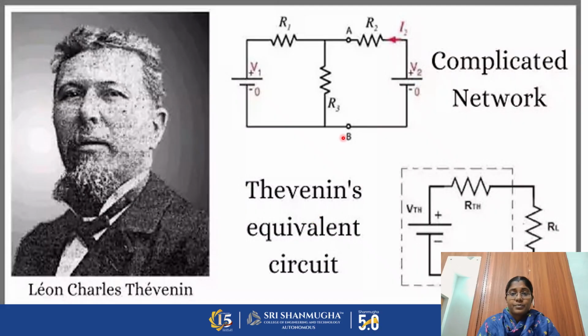It will be converted into a simple Thevenin's equivalent, which consists of a voltage source in series with a resistance. And we have to add the load resistance. The load resistance is the resistance across which the voltage or the current flowing through the resistors will be calculated.